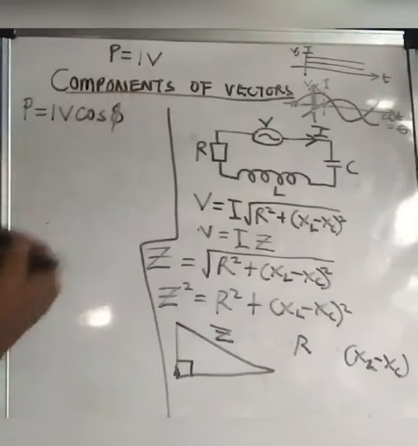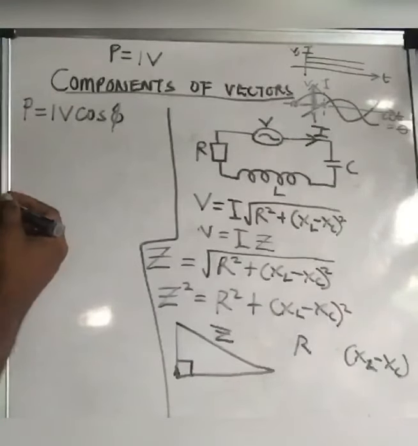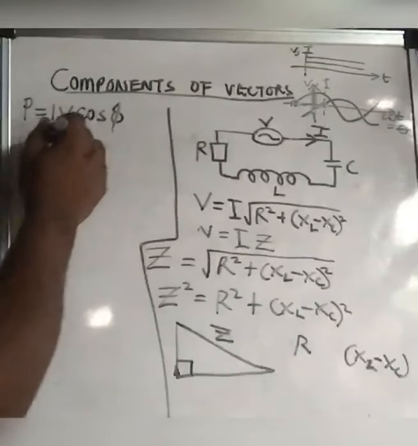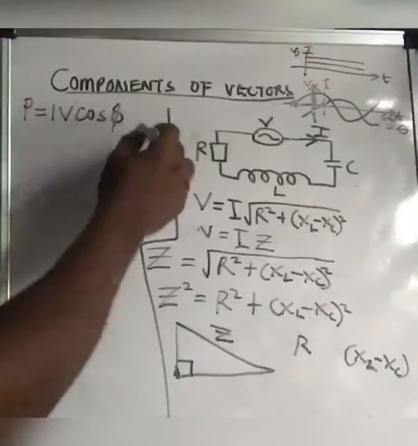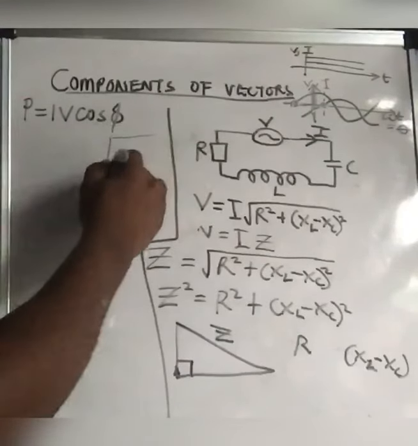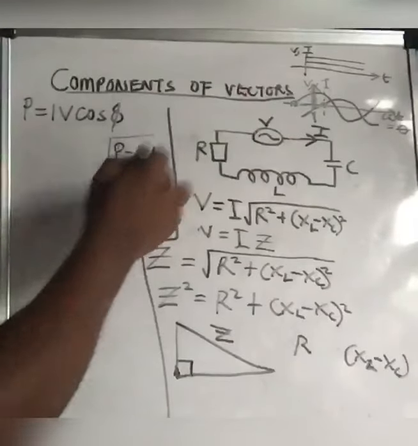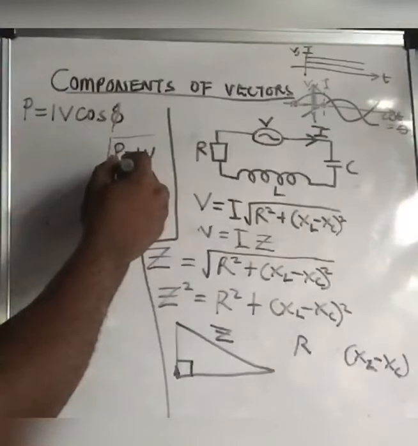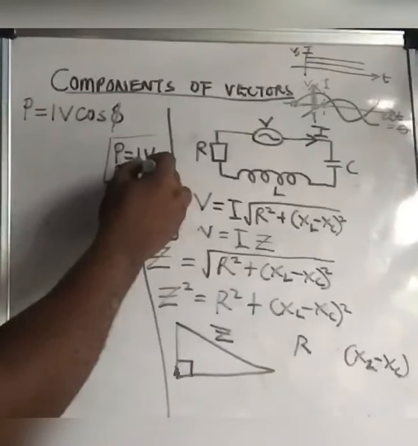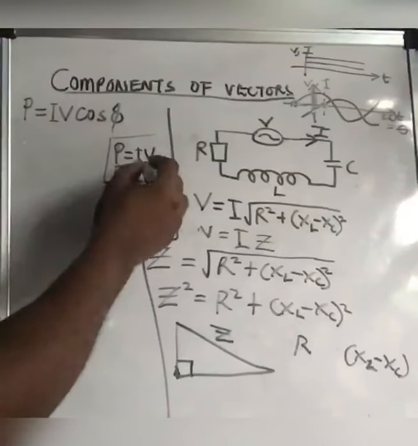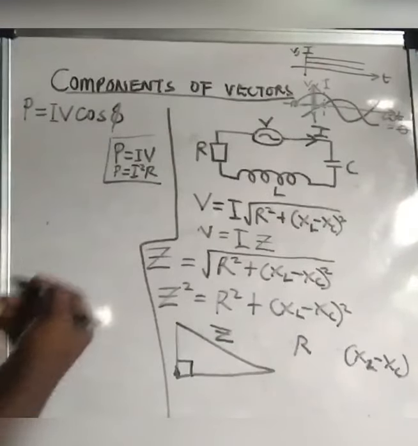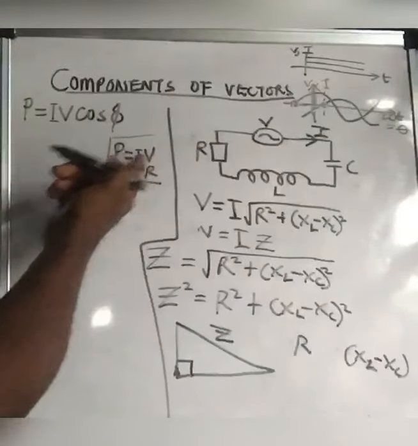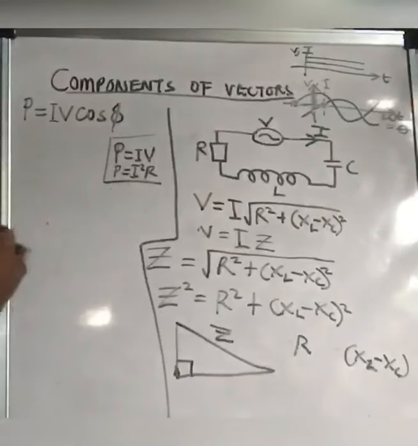So, comparing with the direct current situation, P is equal to IV. So this will be equal to I squared R, because V is equal to IR. By the time you substitute IR for V here, you have I squared R as your P.